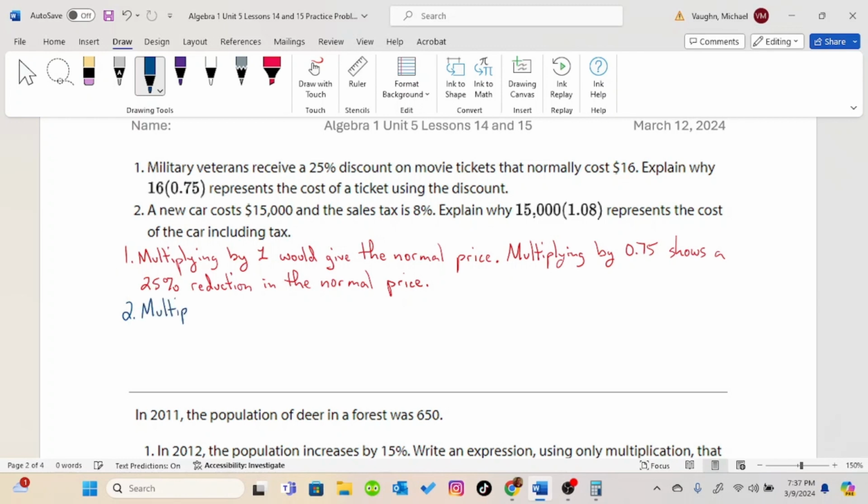Again, multiplying by 1 gives the original cost.